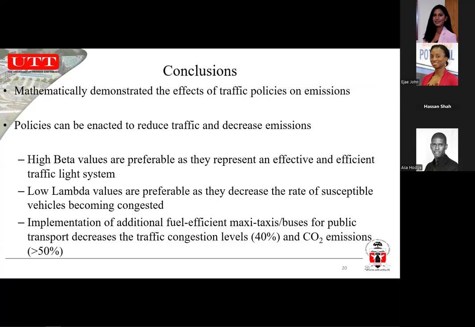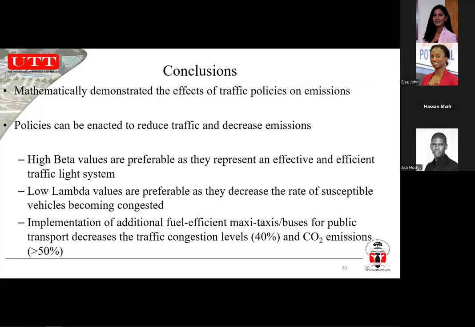So from our results, we have mathematically demonstrated the effects of traffic policies on emissions. The policies can be enacted to reduce traffic and decrease emissions. We saw that high beta values decrease the number of vehicles queuing at red lights.